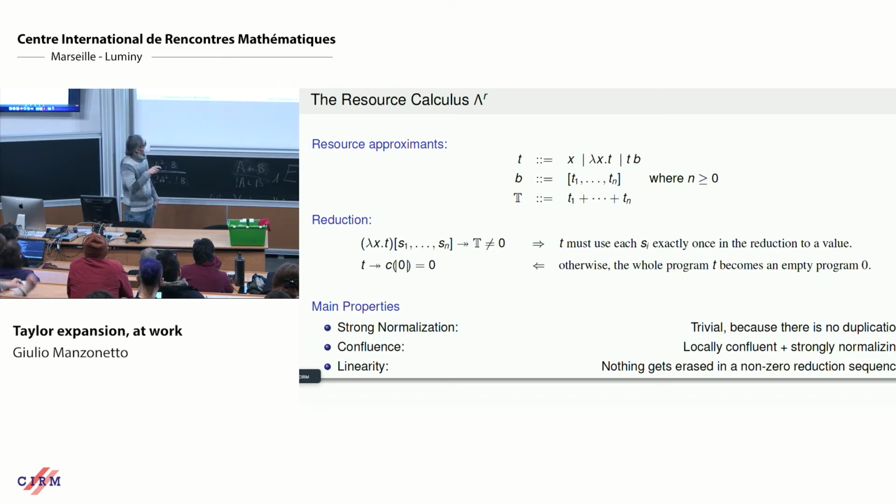Otherwise, the whole program becomes 0. And in this case, if a 0 arises in a subterm, then it destroys the whole thing.